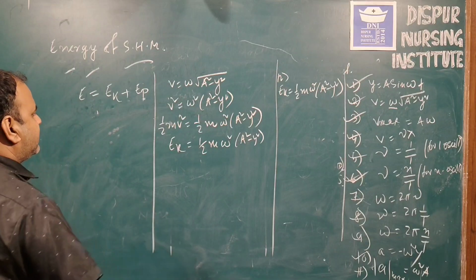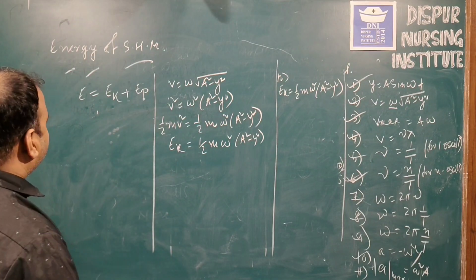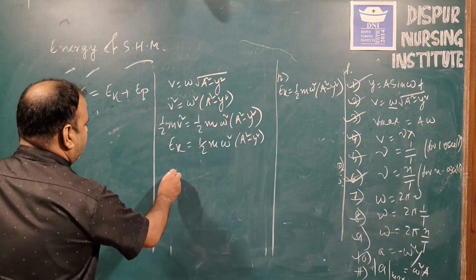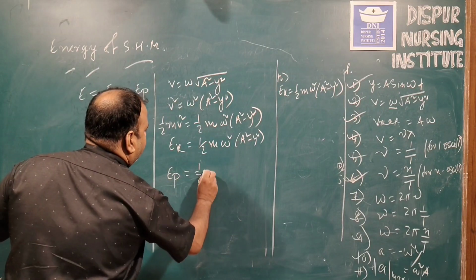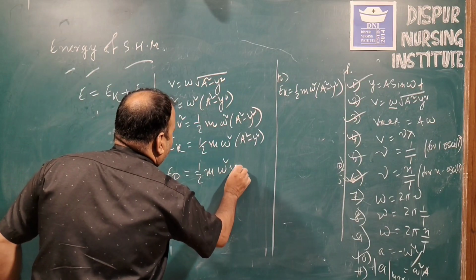Now in this case, if you put the values here, we will get some value, and potential energy we already know is half m omega square y square.